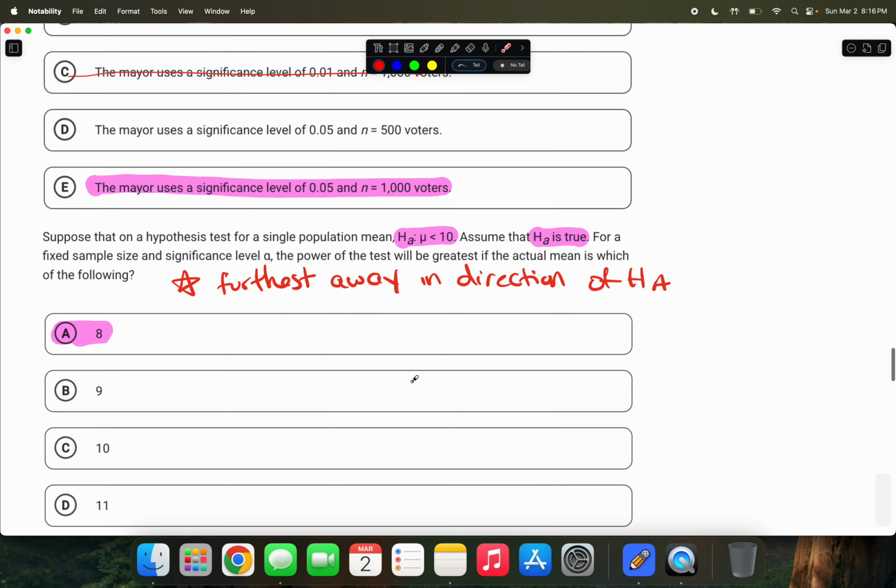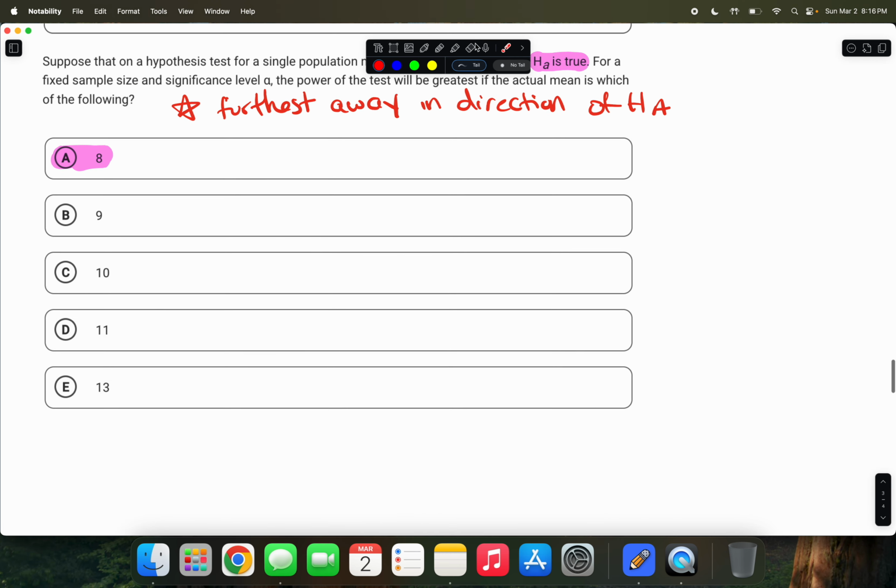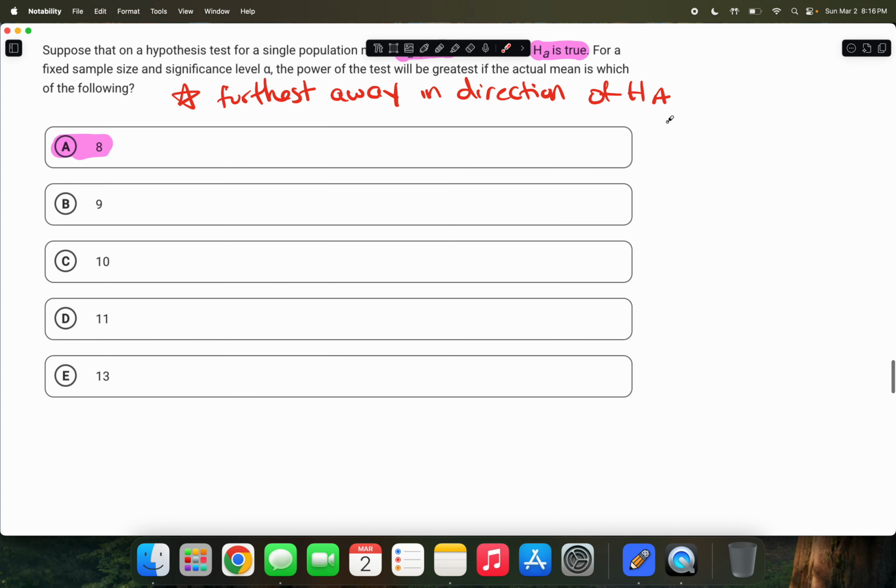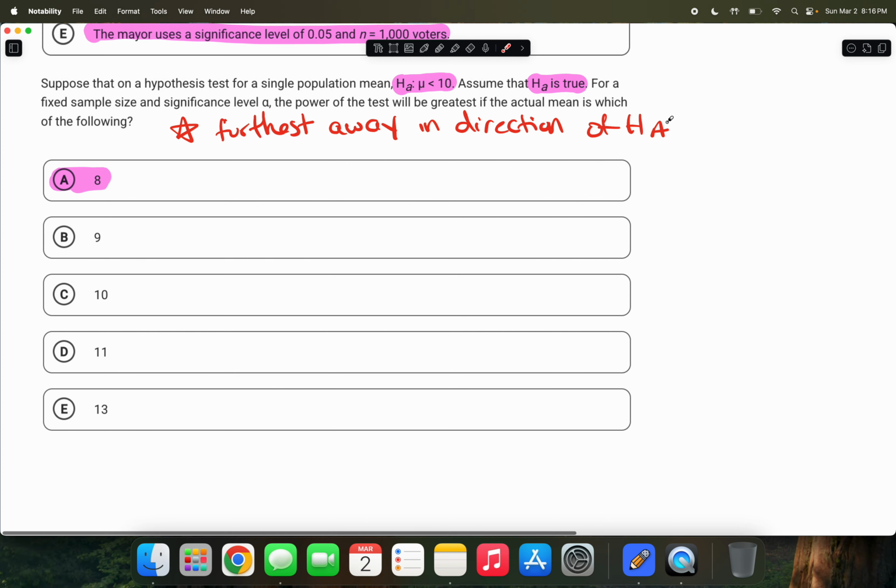Now, the other type of question you may see is something like this, where we're testing for the mean being less than 10, and we're assuming that the alternative is true. For which of these values would the power be the greatest? And notice it says fixed sample size and fixed significance level.